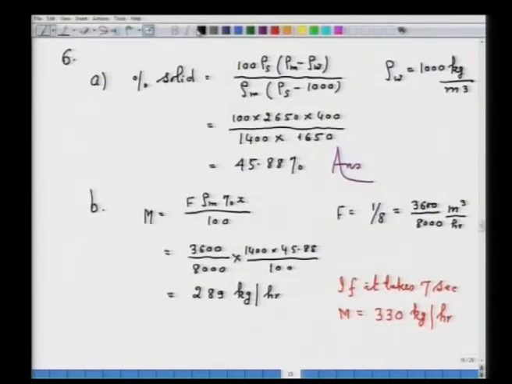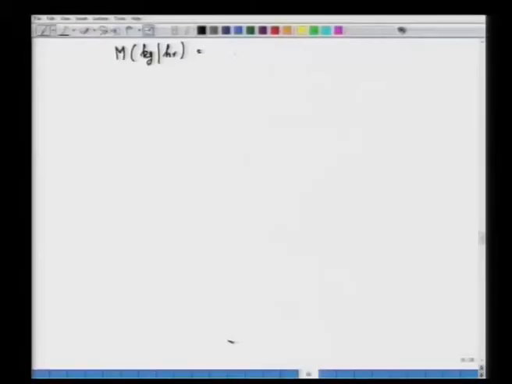Now, the same m you can also calculate. We also derived an alternative formula, that is m in kg per hour. In case you do not want to calculate percent x, then straight away you can use it. That will be equal to F into rho s, rho m minus 1000, upon rho s minus 1000.